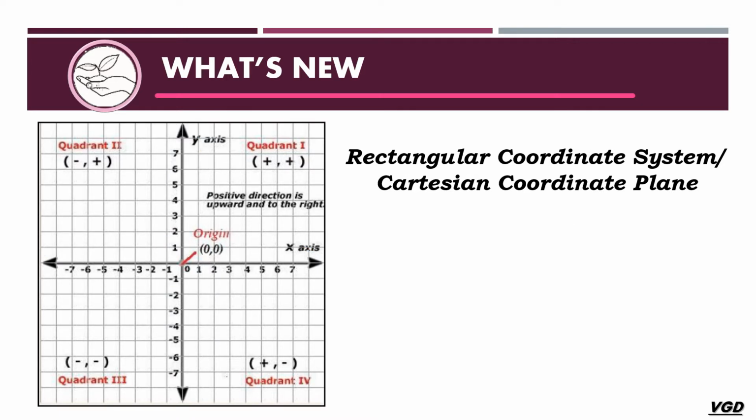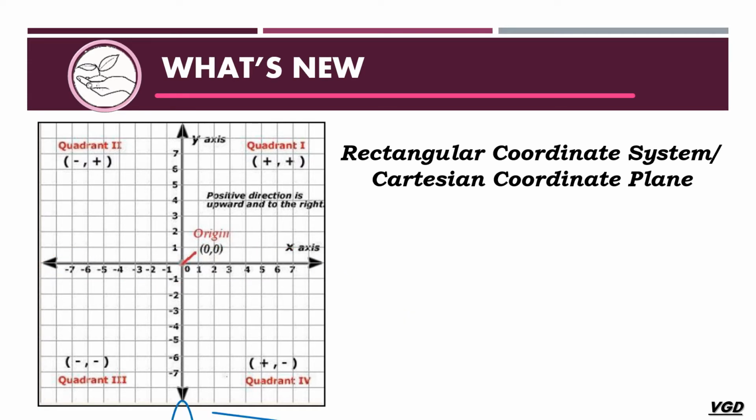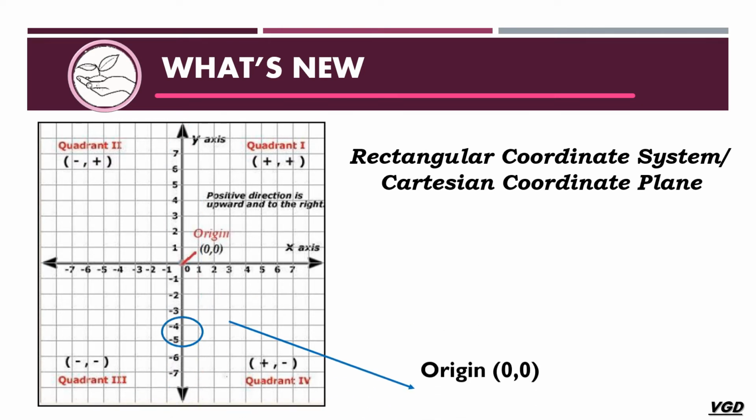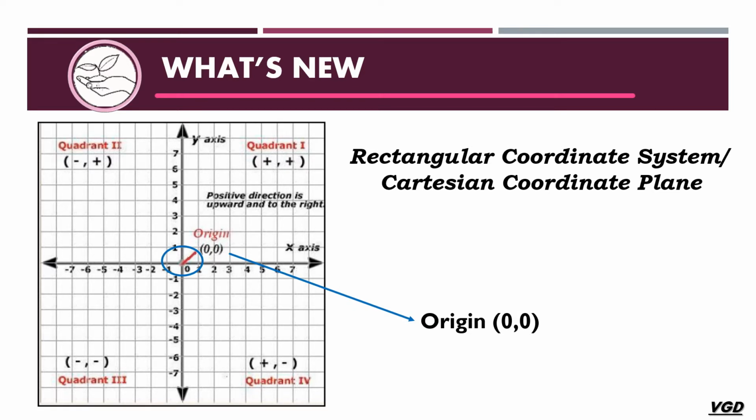The horizontal number line is called the x-axis, and the vertical number line is called the y-axis. The point where the axes meet is called the origin, which has the coordinates 0, 0.